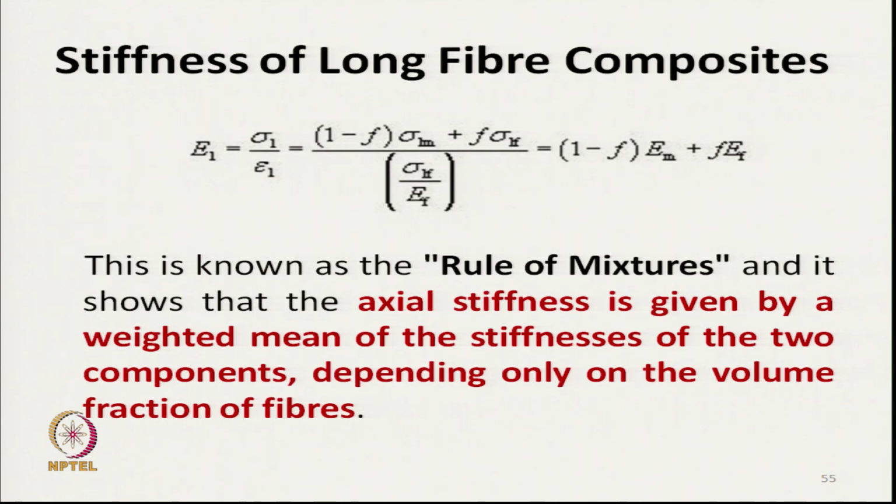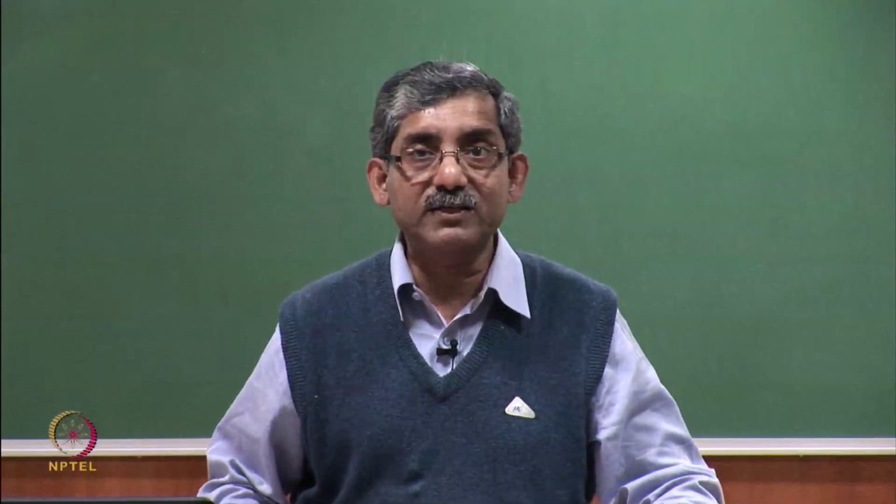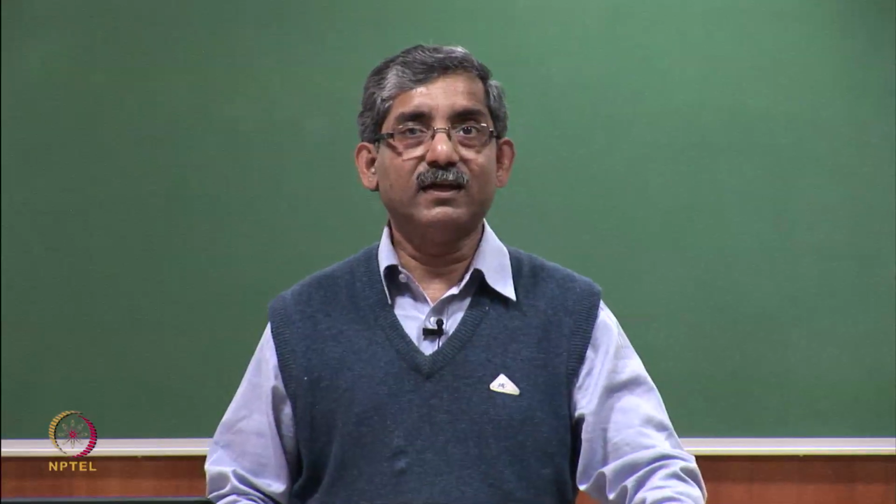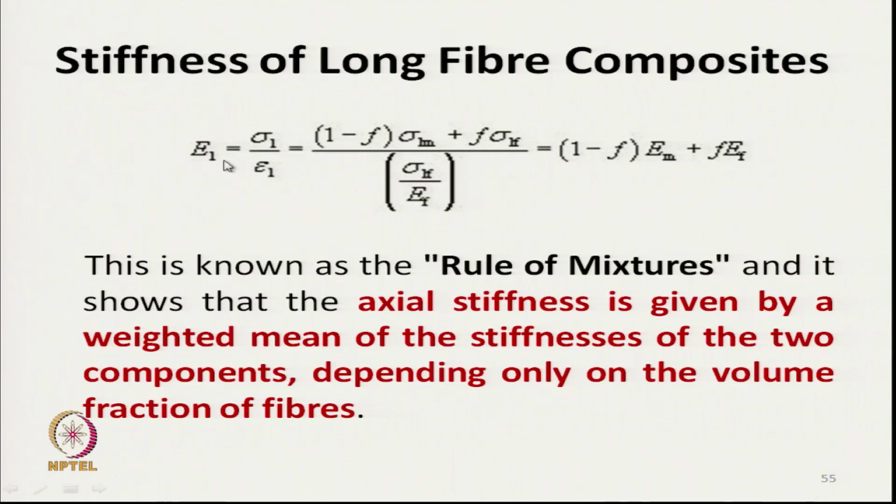That means if f is increased, then the stiffness of the composite will increase, because E f is much higher than the modulus of matrix E m. So, it is directly proportional to the volume fraction of fiber.